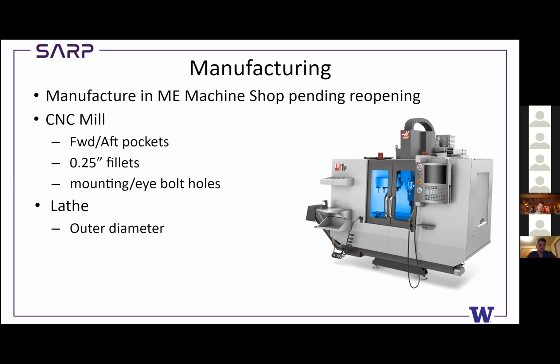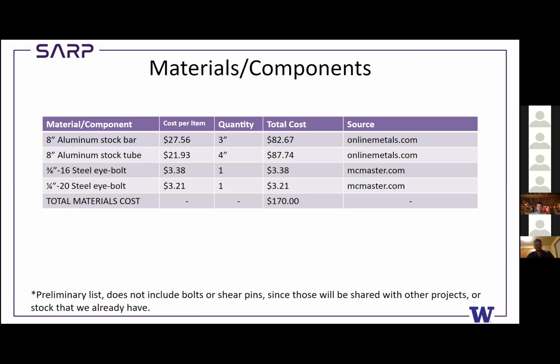We're also going to use the lathe, but this is mostly only for the outer diameter, to shave down the outer diameter of our parts. But the big concern for us manufacturing isn't in the bulkhead, it's actually in the zip defender, with it being so thin. And so with this, we may have to rethink how we design and or machine the zip defender.